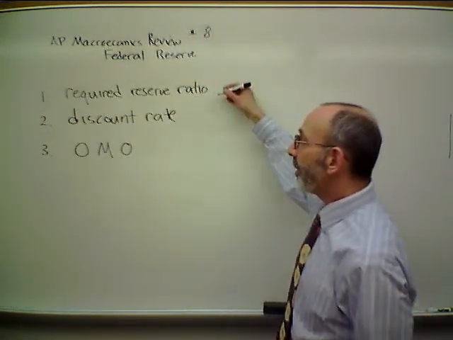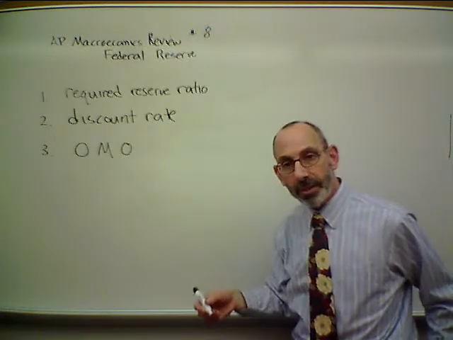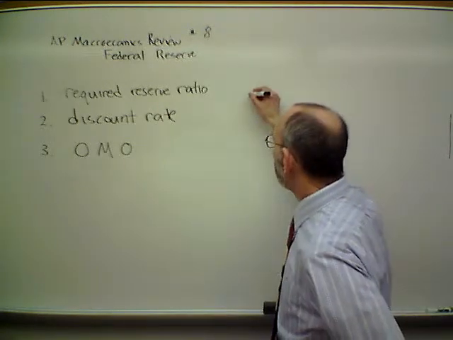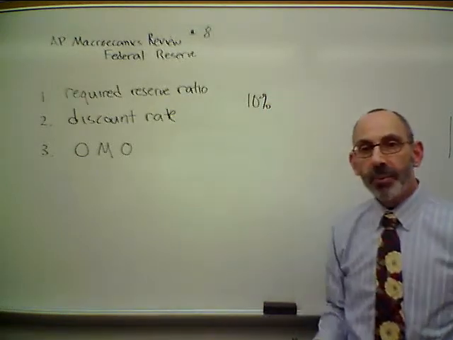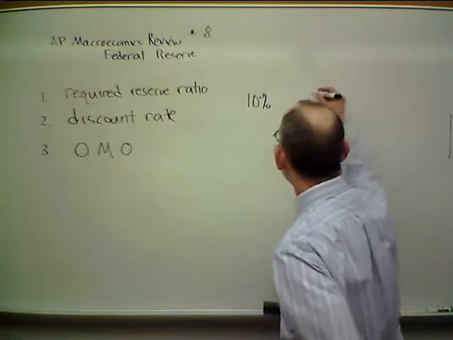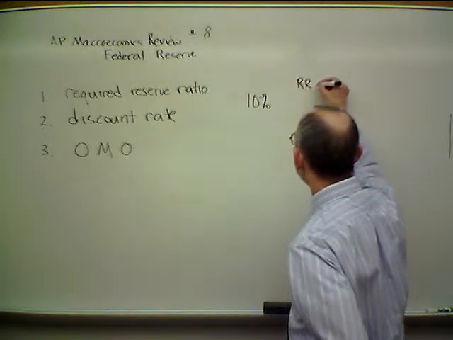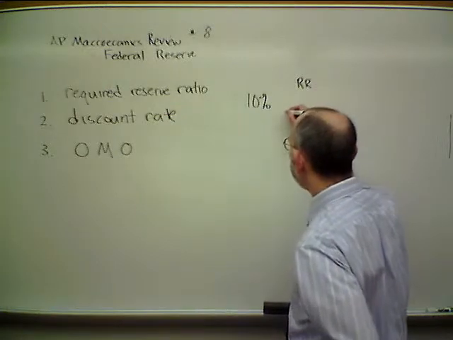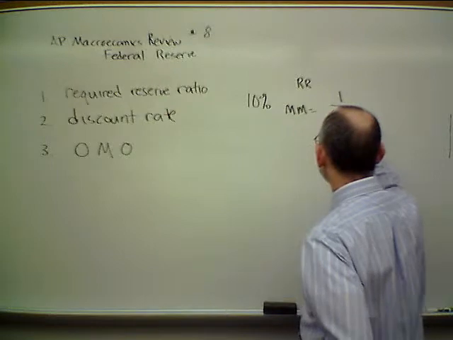But simply, we say the required reserve ratio, we saw last time, we're talking about the expansion of the deposit system. And banks were required, in our simple case, to hold aside 10% of their deposits. We saw before that the required reserve ratio of 10% is utilized in the money multiplier, which equals 1 over the required reserve ratio.